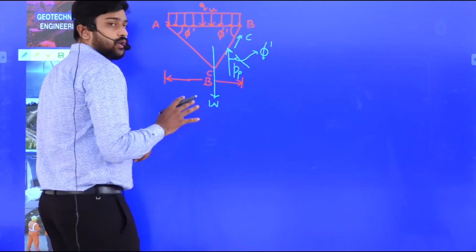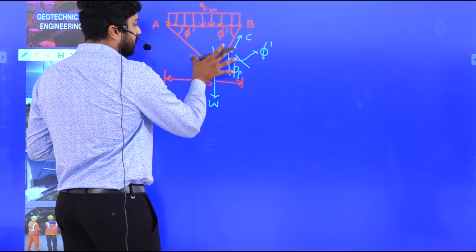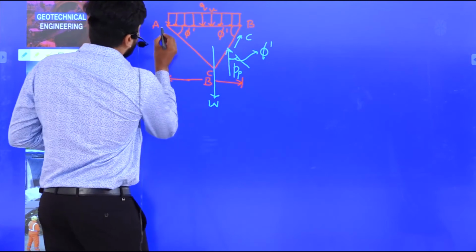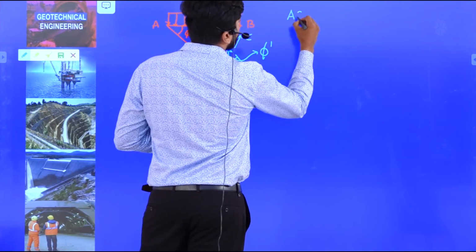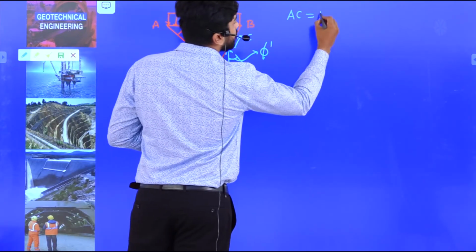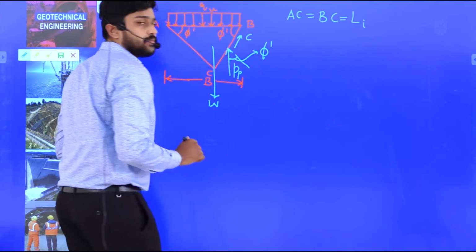So based on the equilibrium of forces, since this is exactly at the center, let us now consider only this particular distance, and let us say this length AC is equal to this length BC is equal to Li. Let us denote in this manner.